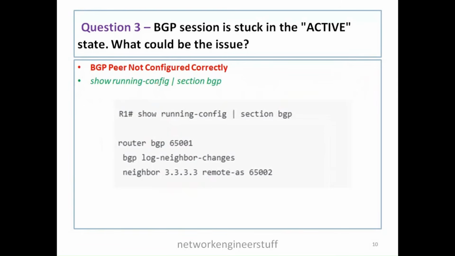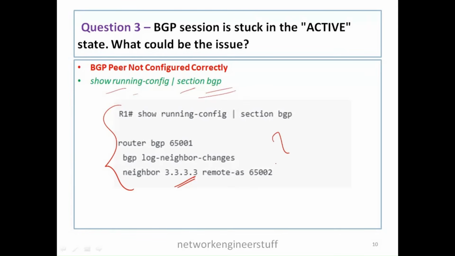The second reason will be that the BGP peer is not configured correctly. Now this is a manual error or manual mistake, which is made by most engineers when the configuration is huge. So you can check this part also, and the command to check this BGP configuration is show running-config | section BGP. Show running-config | section BGP.